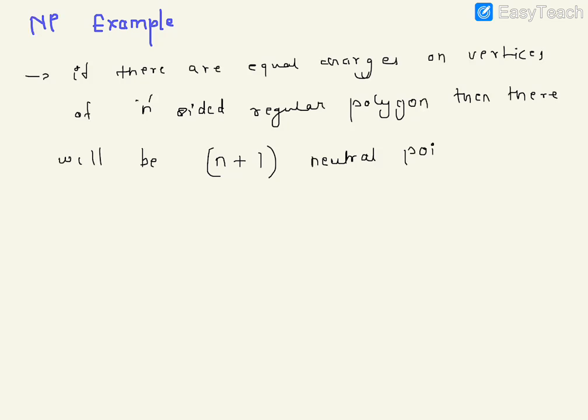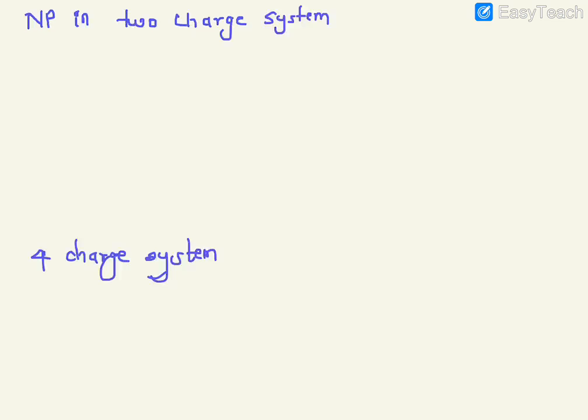So just remember this, and if you want, you can try to do that for, let's say, a four-charge system, a square, a rectangle, something. So these are the two important things you must remember.